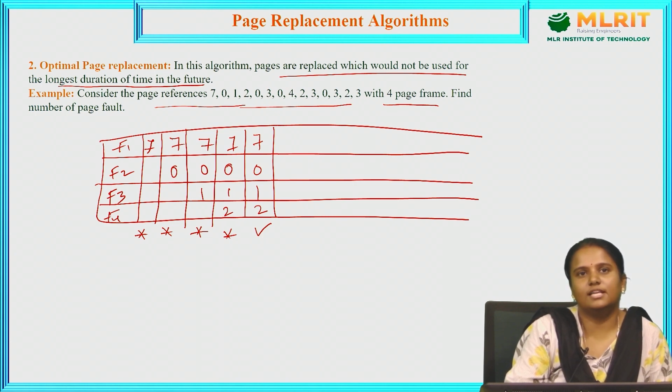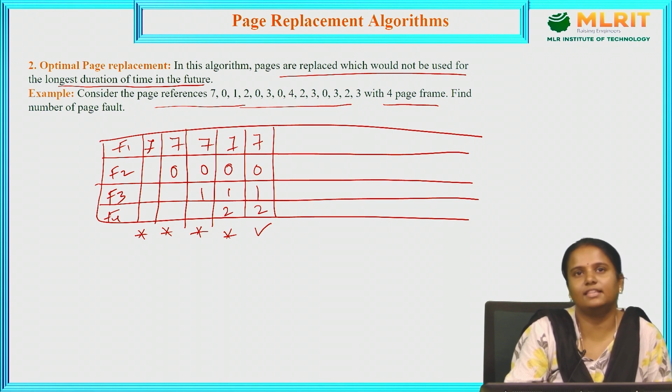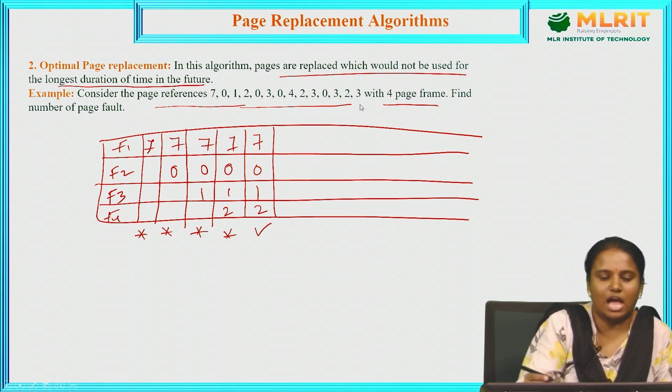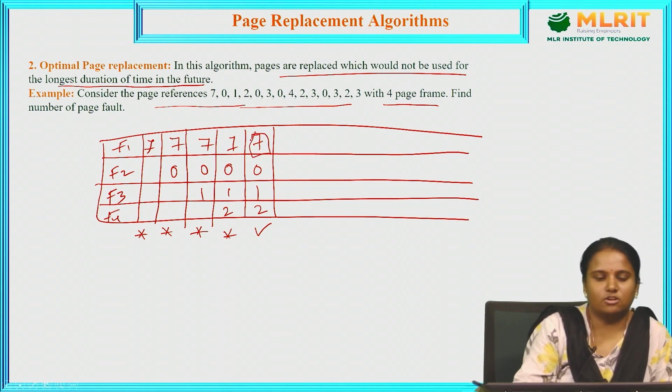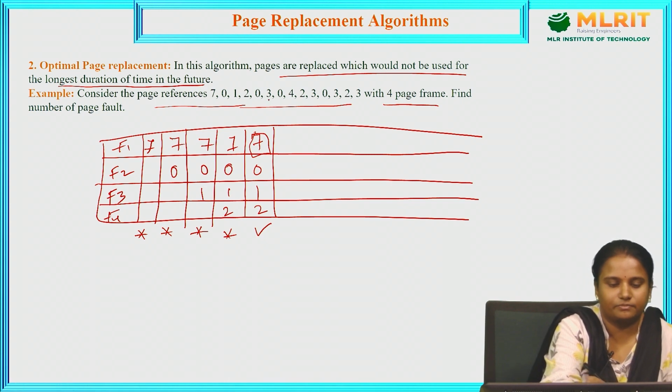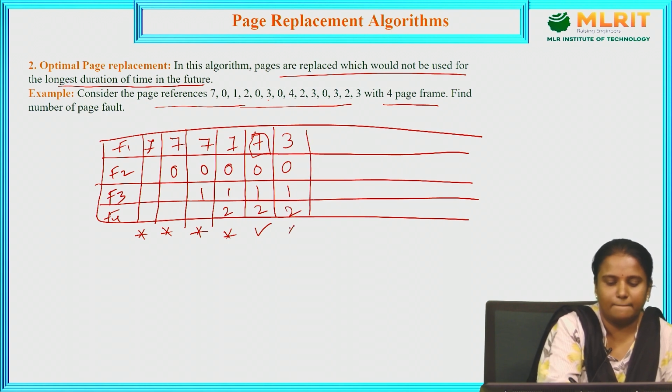In this case, we need to apply first in first out. Why? Because 7 is not arriving in the future and 1 is also not arriving in the future. So I am applying FIFO to remove 7. So 7 is replaced with 3. So 3, 0, 1, 2. This is also a page fault.